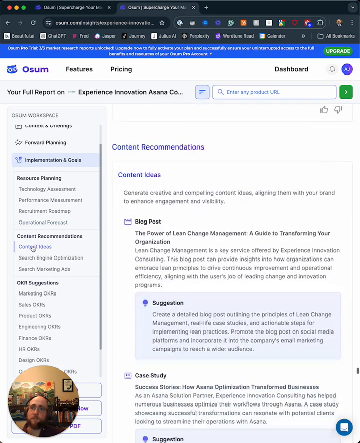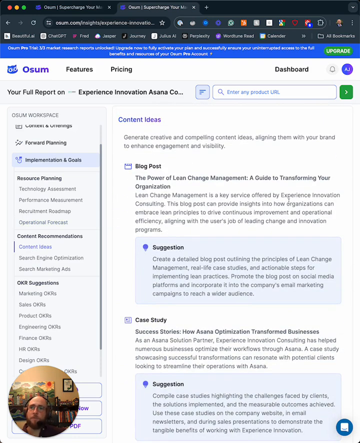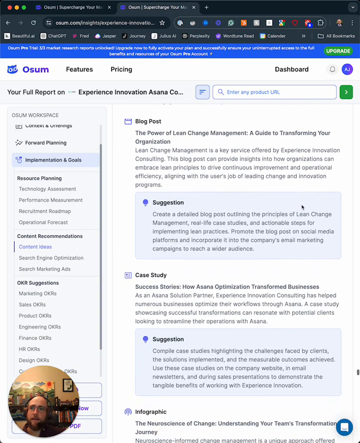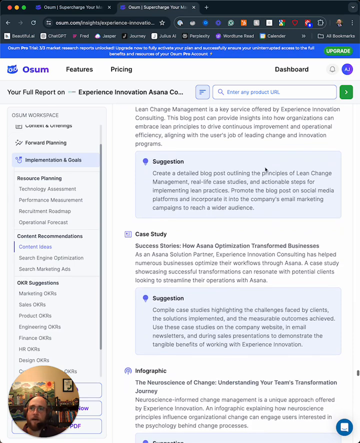Content recommendations, this started to get interesting. So, as a small solopreneur / growing entrepreneurial team, we're constantly thinking about and looking at how do we create content. This was a rather interesting section.